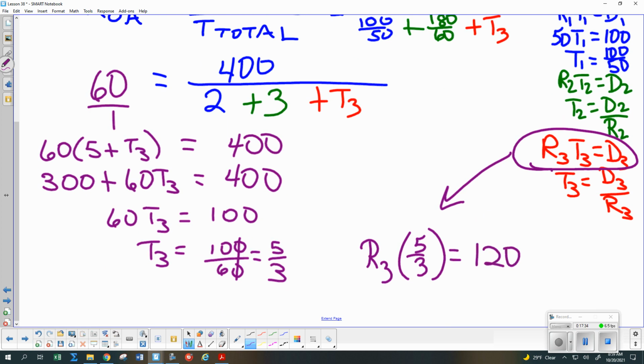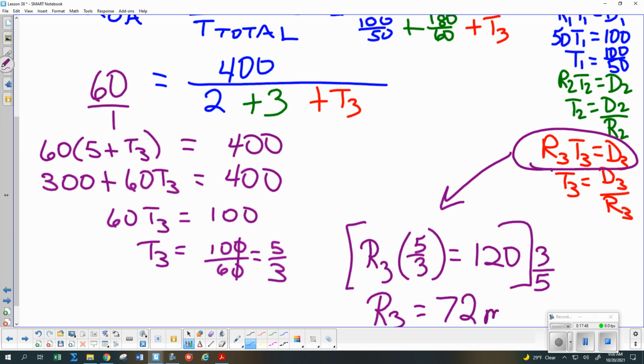So if I want just R3, I'm going to multiply both sides by 3 over 5. And 360 divided by 5, I believe, is 72 miles per hour. And that would be our answer.